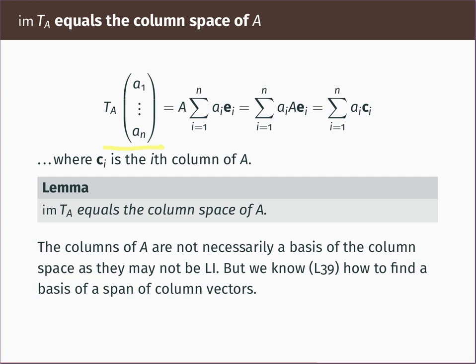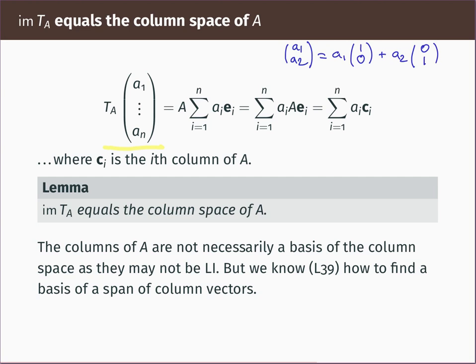But you can think of this column vector (a1, down to an) as a1 times e1 plus a2 times e2 and so on. What's going on there is just that (a1, a2, ...) is equal to a1 times e1, remember e1 means the first standard basis vector, plus a2 times e2, and remember e2 is the second standard basis vector.